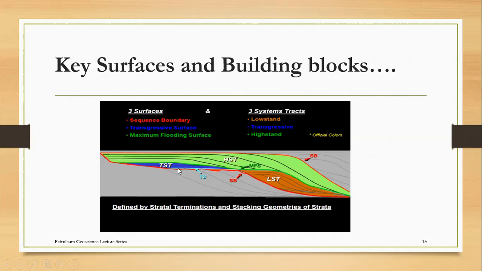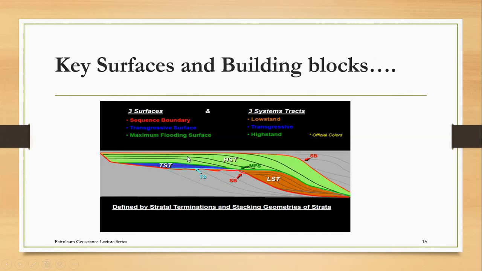So another thing to note here is that you can also look at stratal termination. For your LST, you have a downlap. In other words, the clinoforms are downlapping on your sequence boundary. And also, it is onlapping towards land on your sequence boundary, a downlap and an onlap, right? So again, for your HST, you have a downlap on your maximum flooding surface.